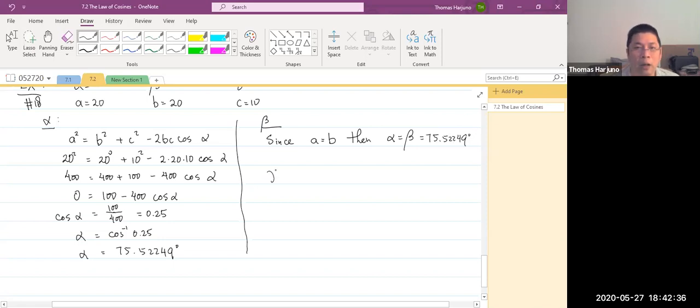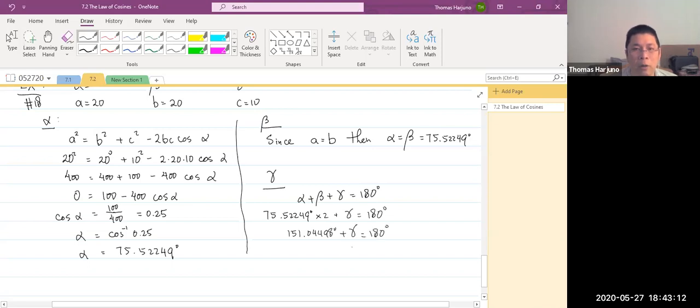Then angle gamma consequently comes together with that, right? So alpha plus beta plus gamma is 180 degrees. You can use that. This is 151.04498 degrees plus gamma equals 180 degrees.